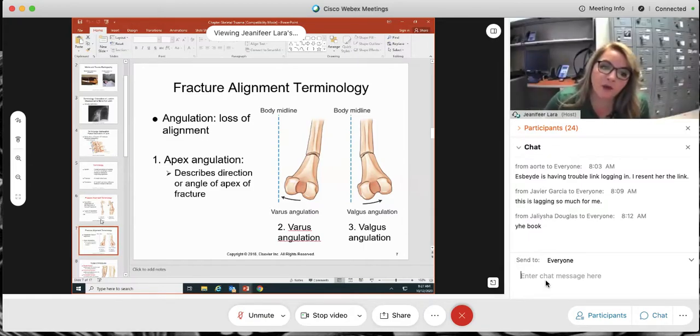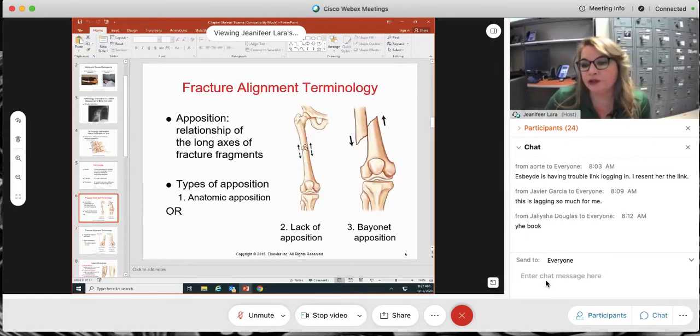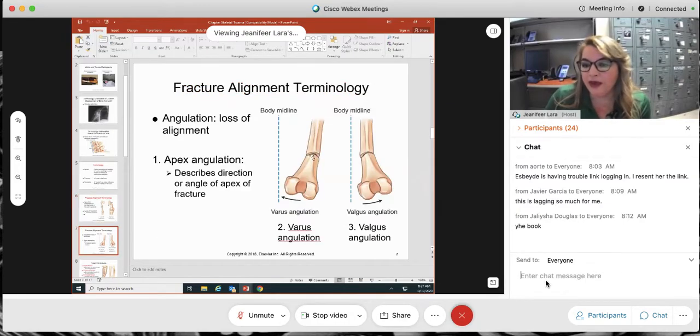We have a complete fracture. This is one end of the fracture site, and this is another end of the fracture site. We already know we have lack of apposition. But now we're talking about the fractured extremity of this long bone. Which direction is it going?